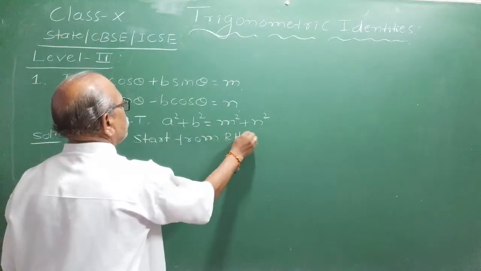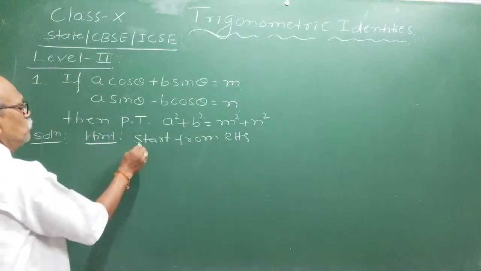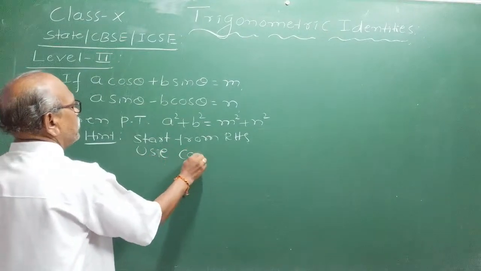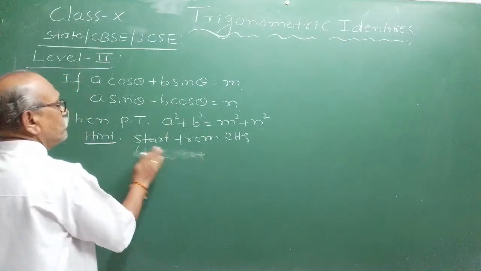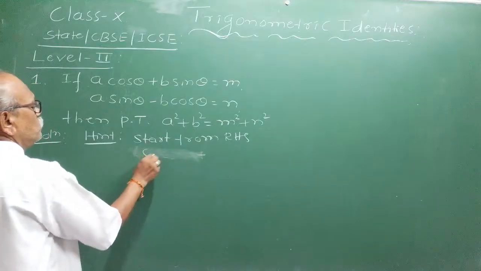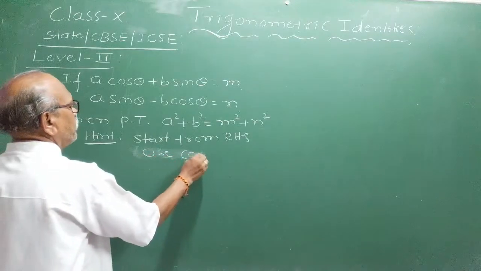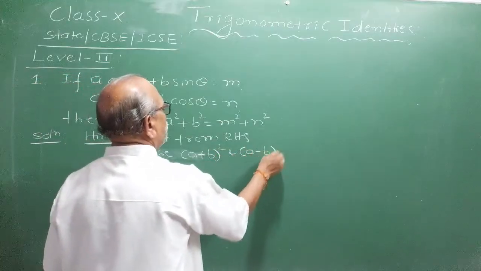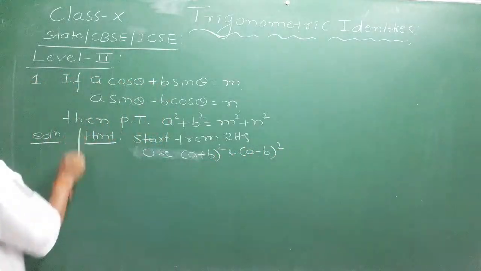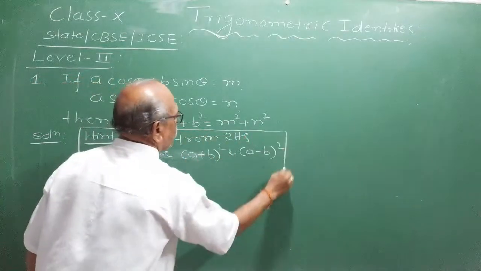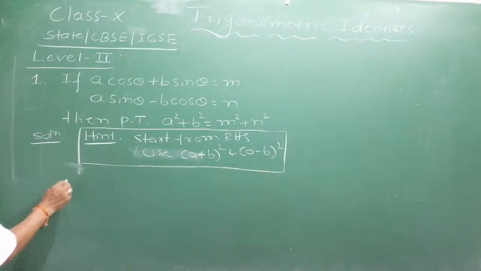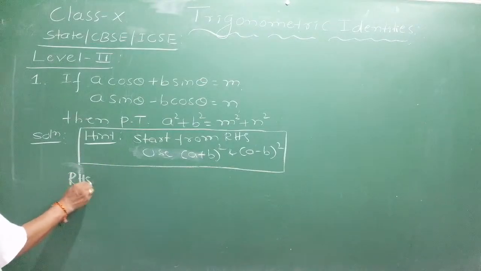Square them, use the A plus B whole square and A minus B whole square formula. This much hint I can give to start with. You can start solving the problem using this hint. We'll start with RHS.